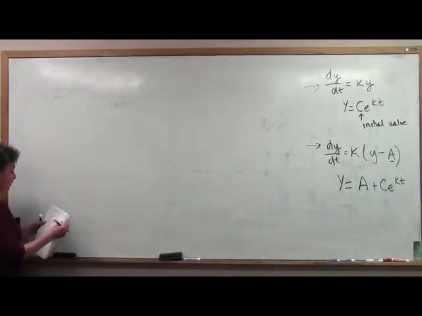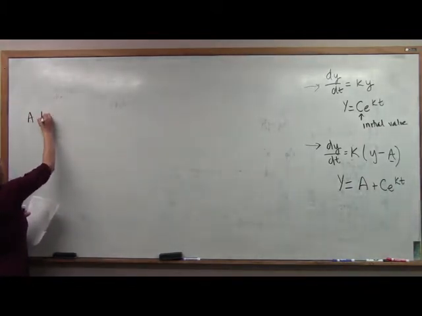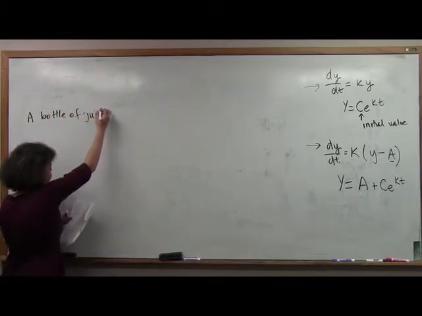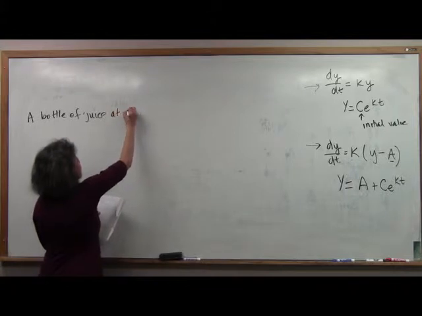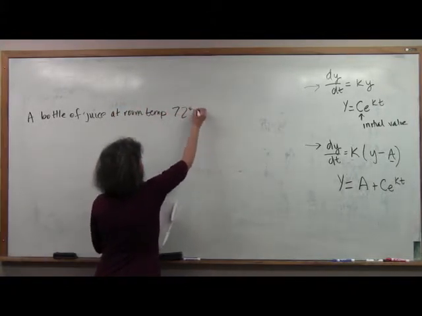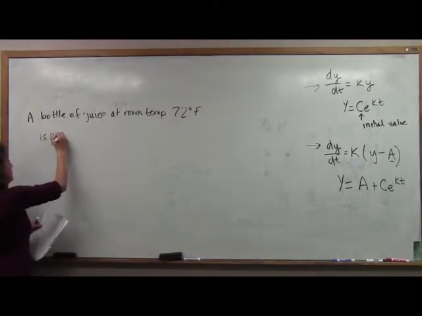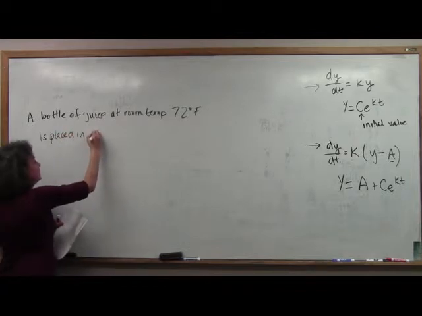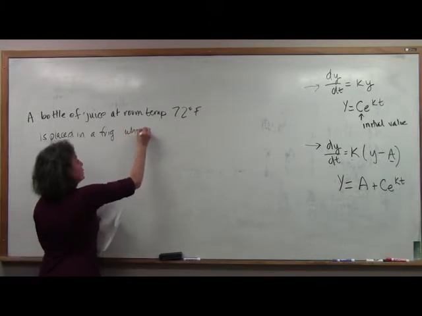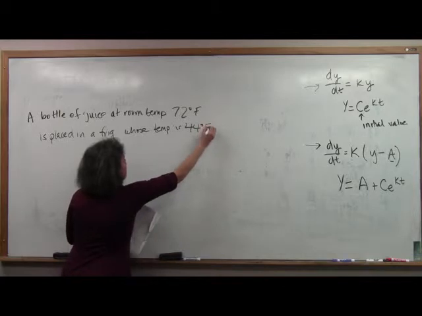So let's just talk about one more example. What if I tell you that a bottle of juice at room temperature, so we'll just pretend that's 72 degrees, is placed in a refrigerator whose temperature is 44 degrees.